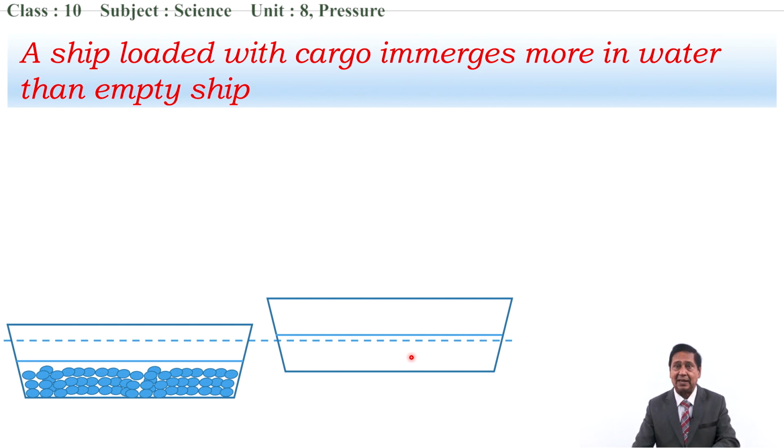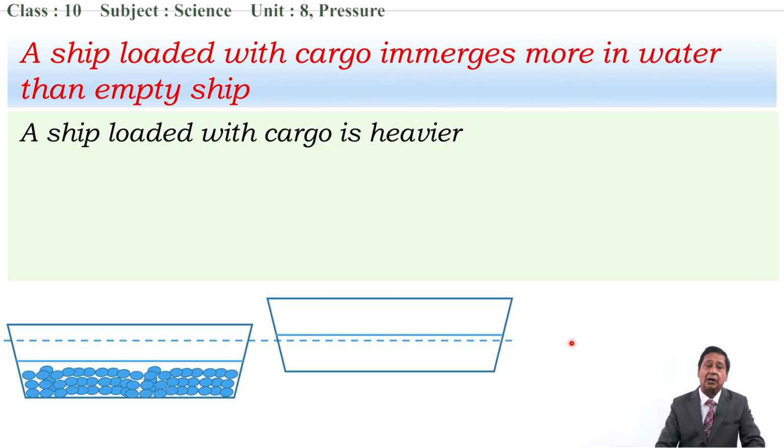In both cases, the weight of displaced water is equal to the weight of the ship. But in the first case, the weight of the ship is very huge because of the cargo, and so it immerses more. In the second case, it immerses less because weight is less. This way we can explain this.